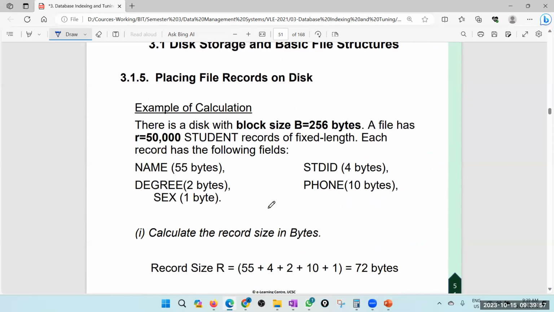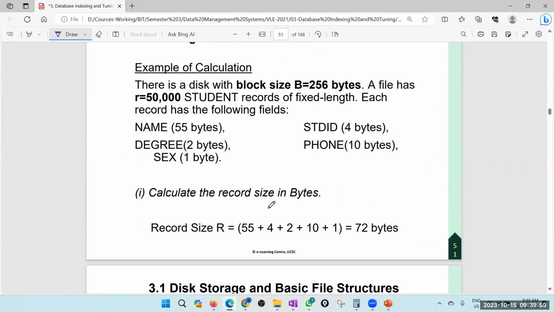Right. So this is an example, and now we can do this kind of exercise. There is a disk with block size 256 bytes. That means your hard disk has a block size of 256, each block is 256 bytes.